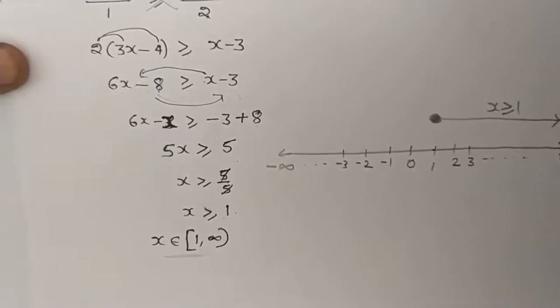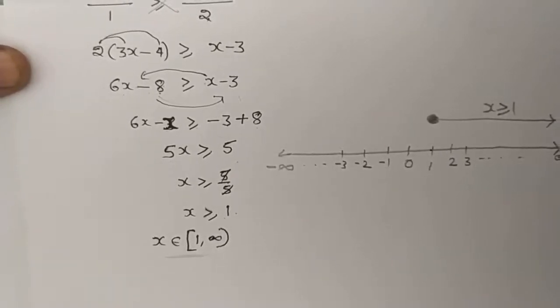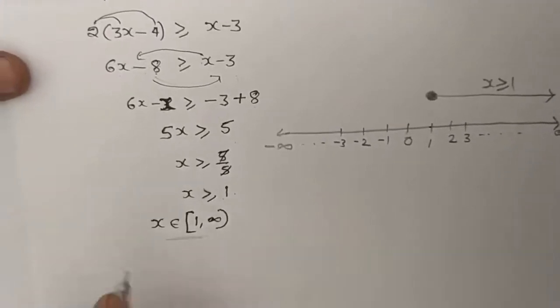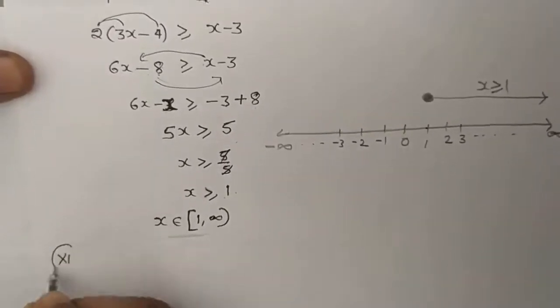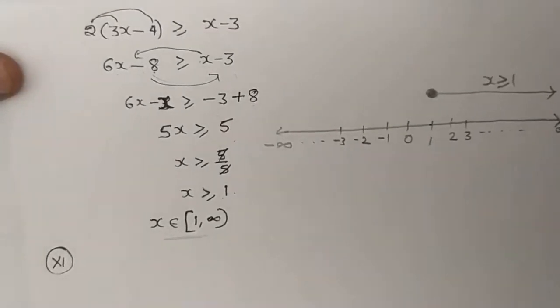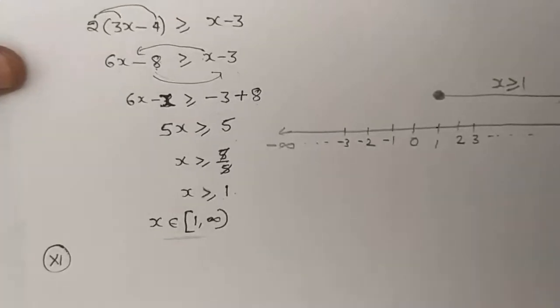Next question. That question will be homework. 10 questions are over, 11th question. All these are practice questions. If you know the simplification of the LCM, then you feel it is very easy.